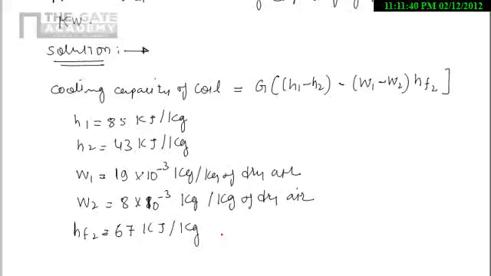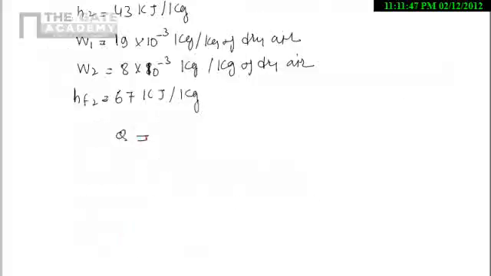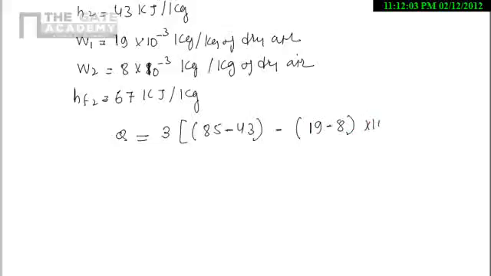So now the cooling capacity of coil, that is Q, equals G, which is 3, times H1 minus H2, that is 85 minus 43, minus of 19 minus 8 into 10 to the power minus 3 into 67.